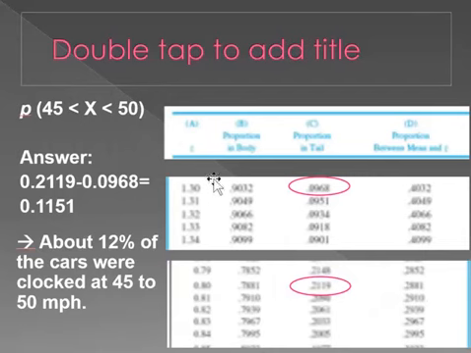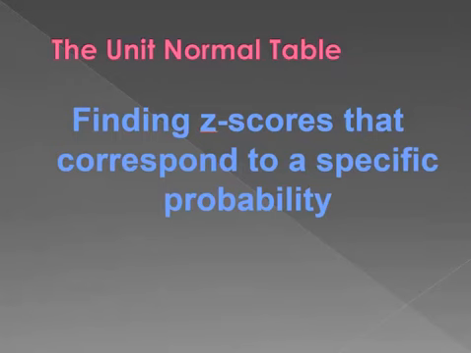So I am looking for 1.30 and 0.80, right? And finding the corresponding values. If I subtract them, it's 0.1151. And again, just thinking about this in terms of what it means in the real world, about 12% of all cars were clocked going 45 to 50 miles per hour.